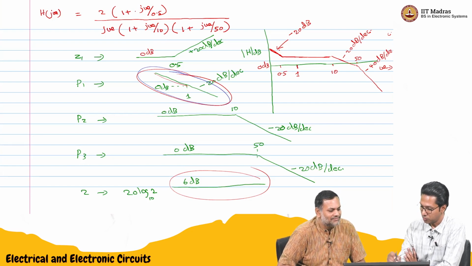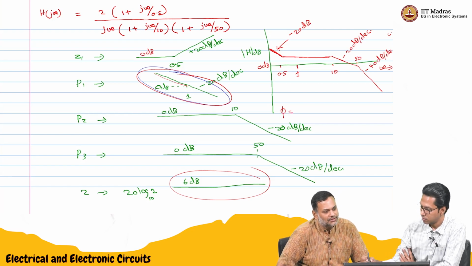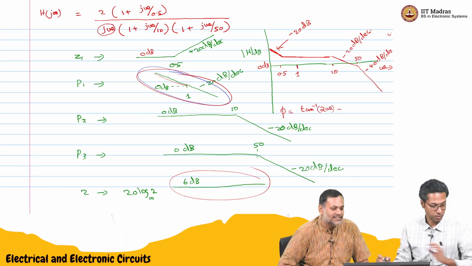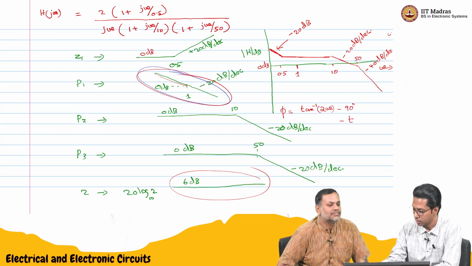But if you want to write an expression, maybe we can do that. So phi will be, from the numerator, plus tan inverse of omega by 2, then minus 90 degrees due to the j omega, then another minus tan inverse of omega by 10 and another minus tan inverse of omega by 50.